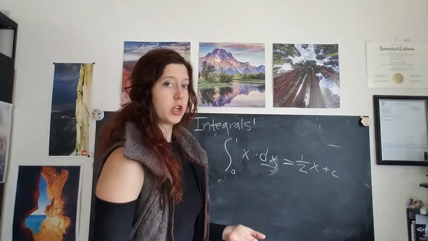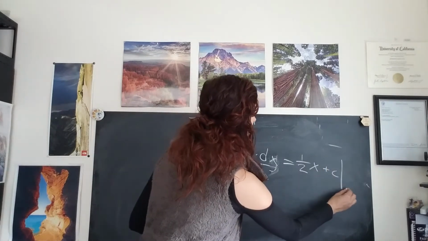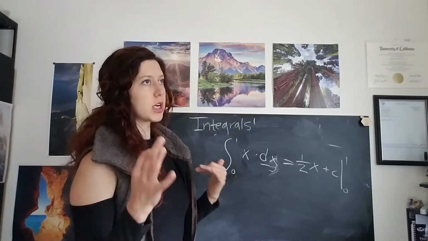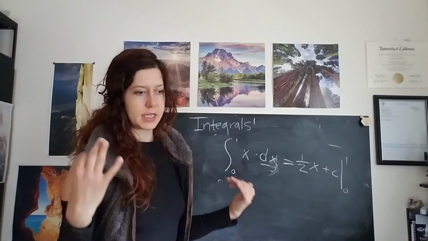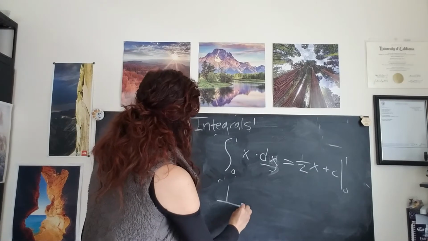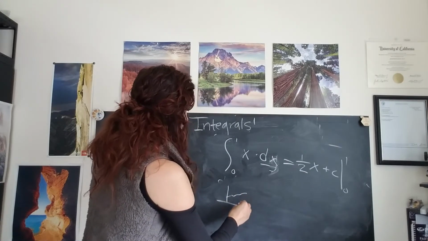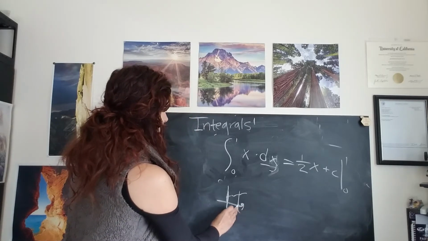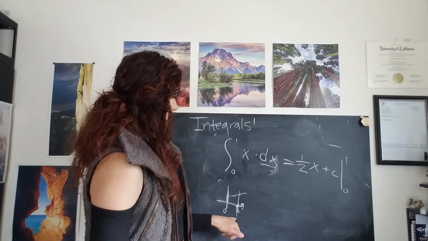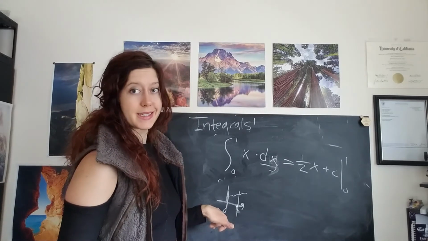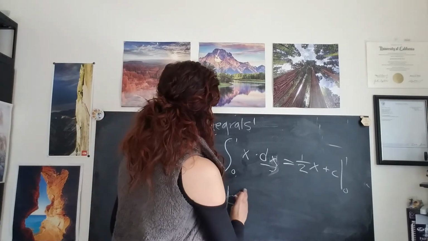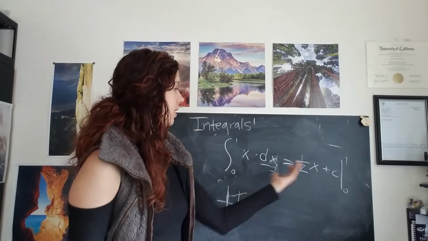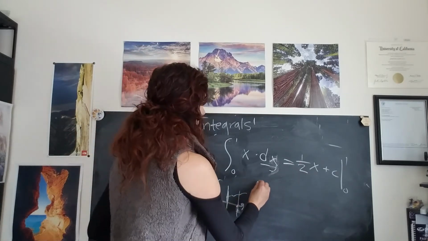And so the notation for a definite integral is that you take this function from 0 to 1, and so just like you're finding the distance between a line, again on our curve, if we have our funny curve here, you're basically finding the difference between these 2 points, where x is 1 here and 0 here. So you would do 1 minus 0. And so what that looks like is you just plug in these numbers for x, and you calculate the result of this function. So that looks like this.